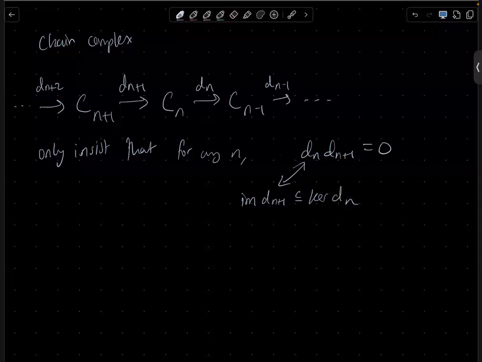So only containment. There's possibly some difference between the image and the kernel, and we want to measure that. Why would we measure that? Well, in topology these sorts of complexes arise, and the difference between the image and the kernel measures some topological invariant.